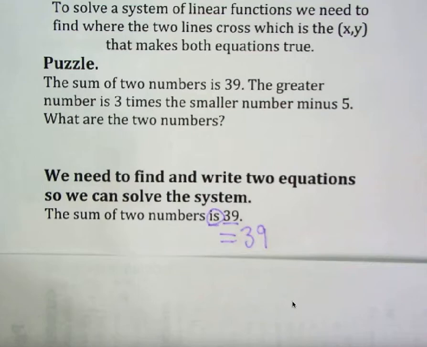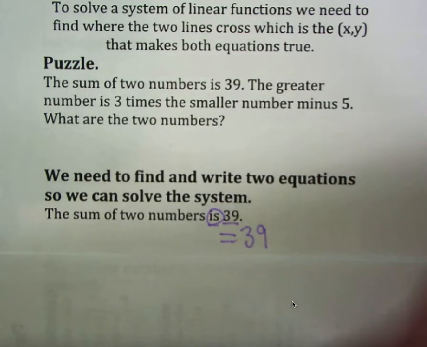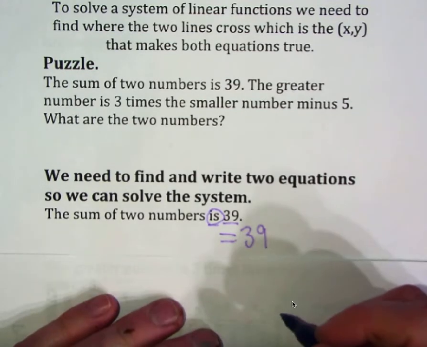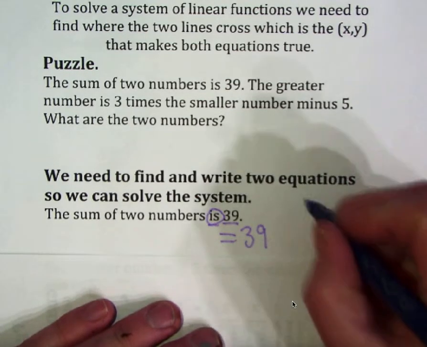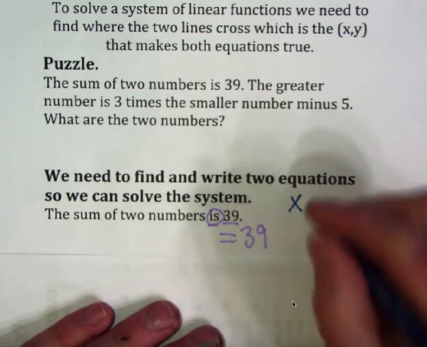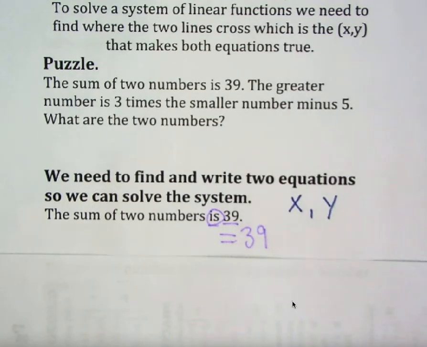The cool thing is, in math, when we have an unknown, we get to use something to represent it. What do we use when we don't know something in math, an unknown? Variable, of course. And what variable might we want to use? Very often, x. But we have two numbers, and we're not going to use x twice, so maybe x and y are our two unknown numbers.